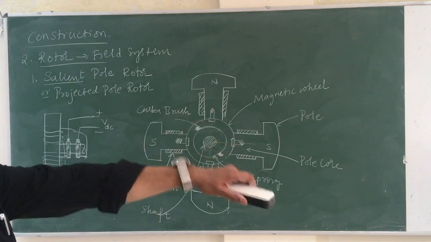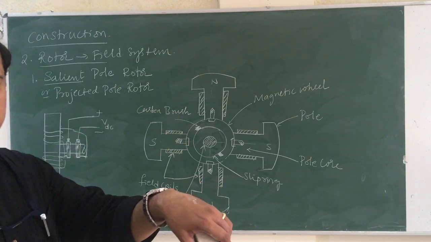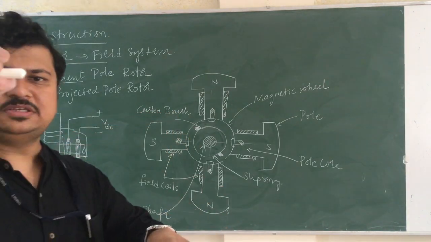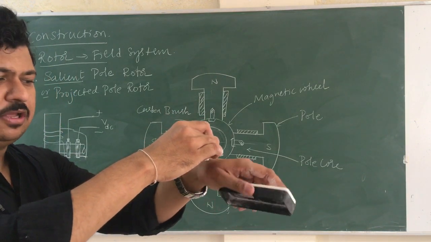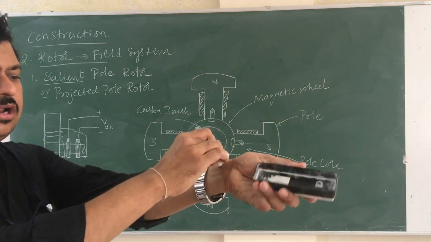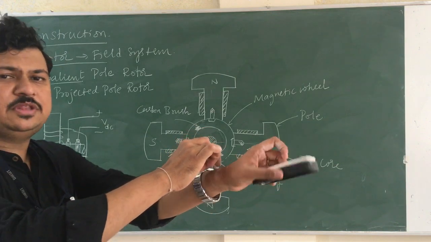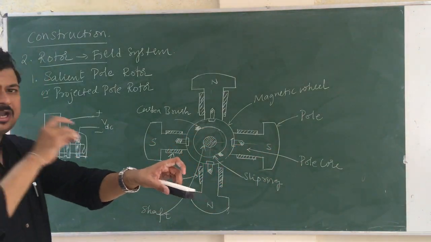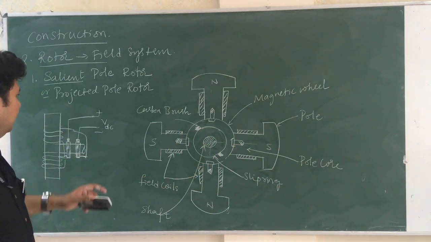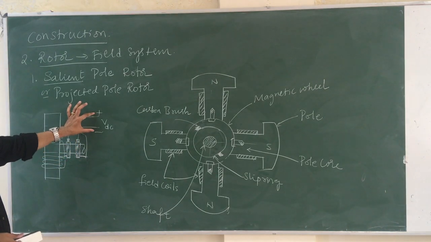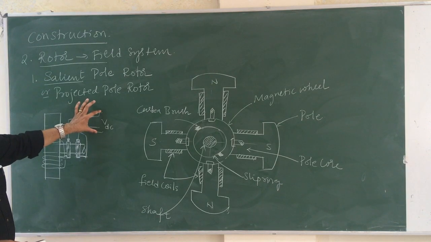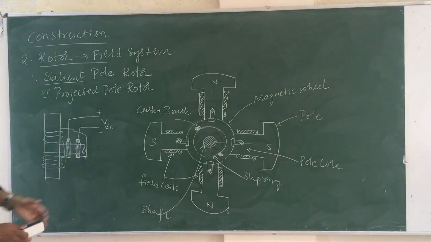The brushes will be simply sliding over the rotating slip rings, and when the rotor rotates, the brush will be continuously in contact with it. In this way, using the slip ring and brush arrangement, I will be giving field supply from a stationary source to the rotating body.